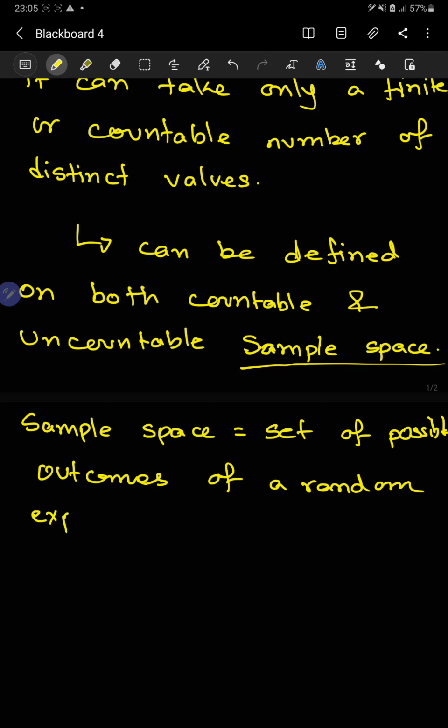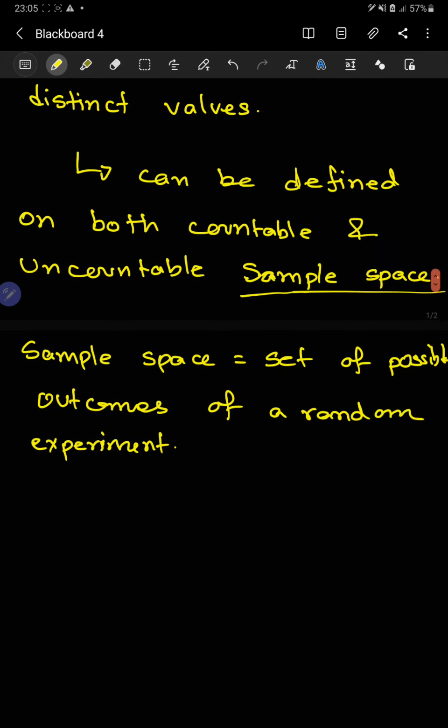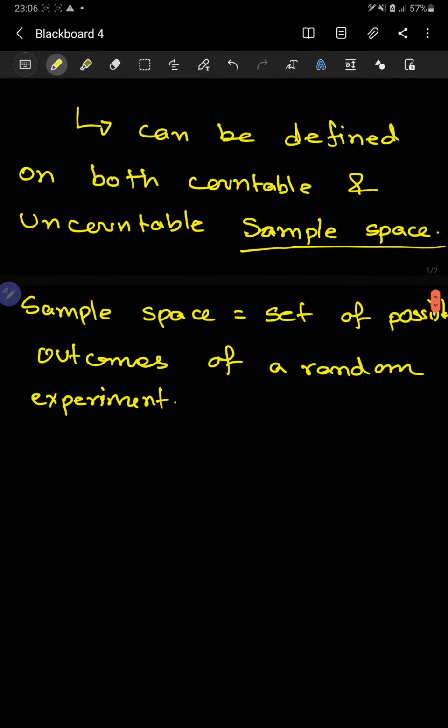So if you're tossing a coin, that's a random experiment, and the sample space is just heads or tails.